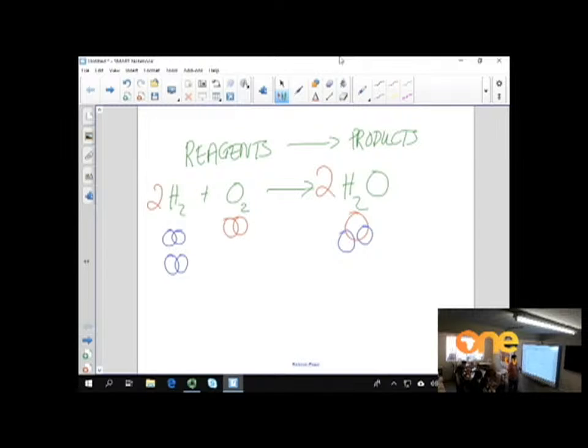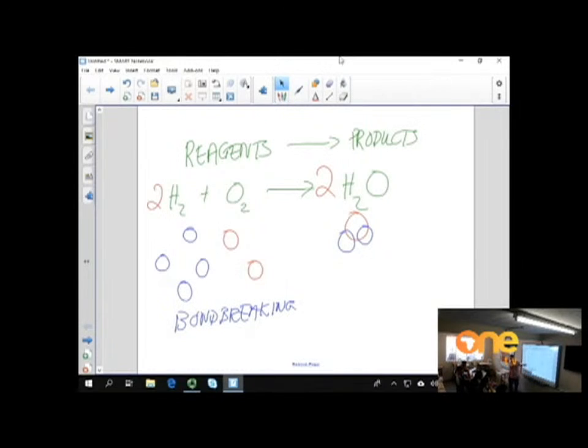All right? So the first energy that you need to put into the reaction goes into breaking bonds between the stuff that are going to be your reagents. So bond breaking occurs on this side. Now on that side of the reaction, we find that bond making occurs. In other words, the oxygen reacts with 2 hydrogens.